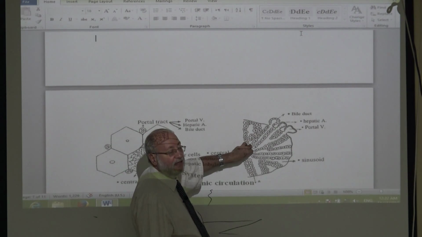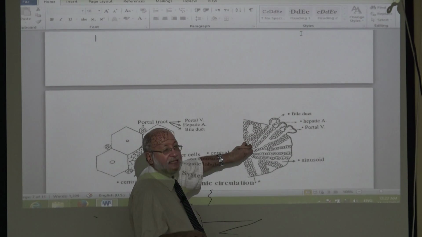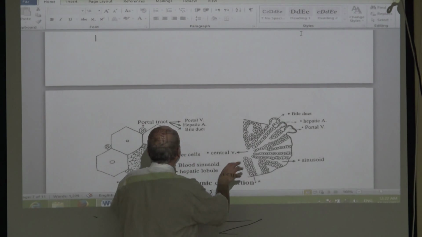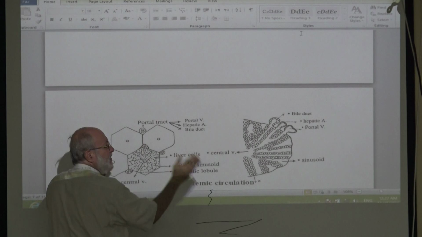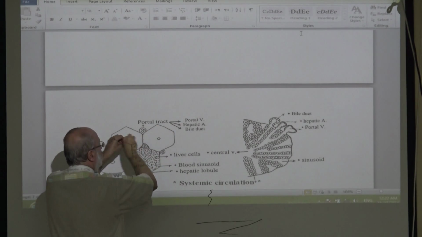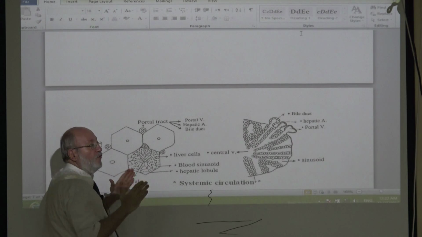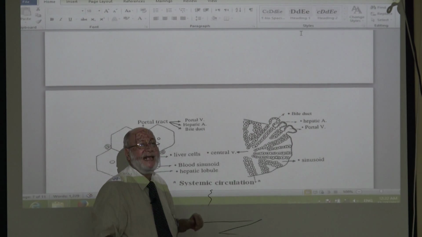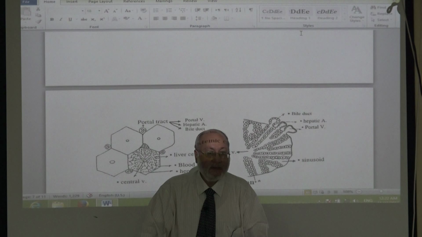Since this vein is in the center, it is called the central vein. The central veins, as usual, unite together to form larger hepatic veins.